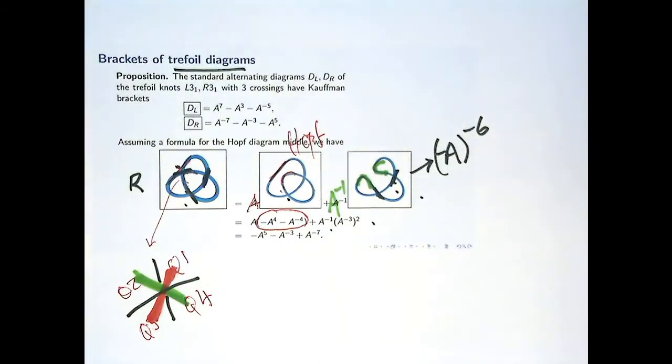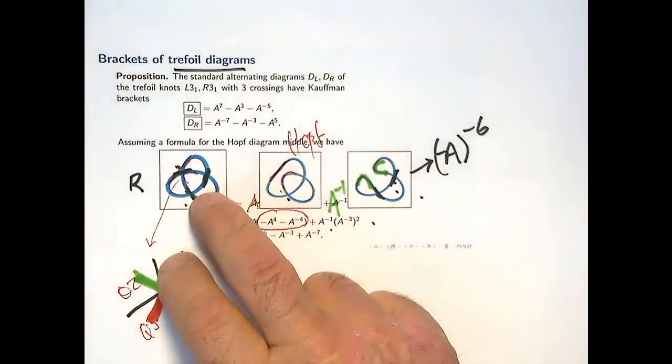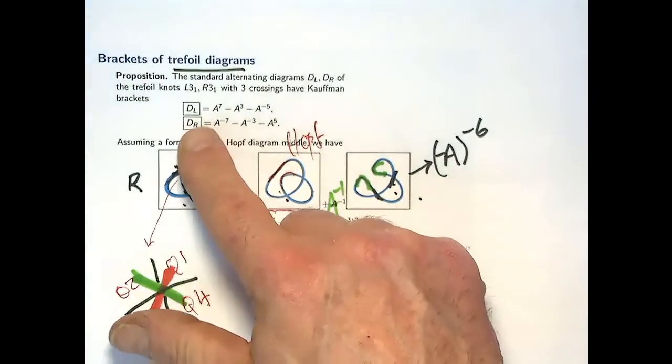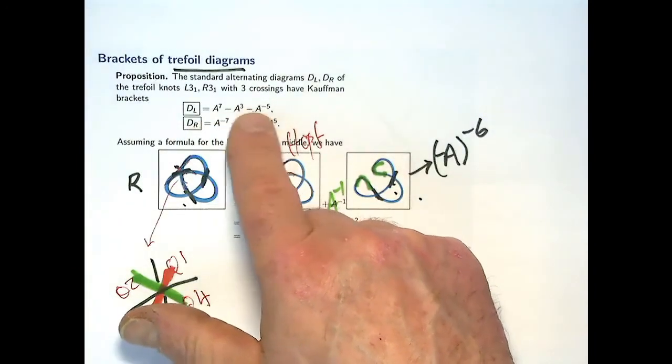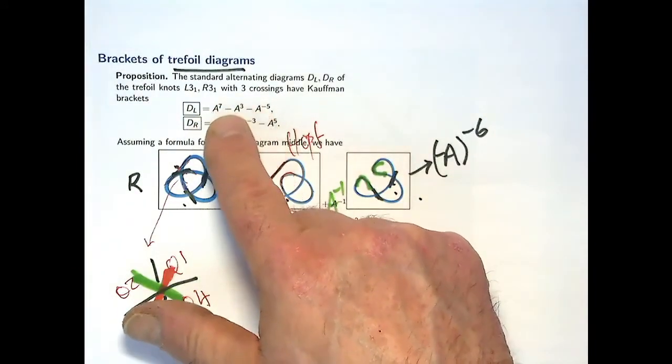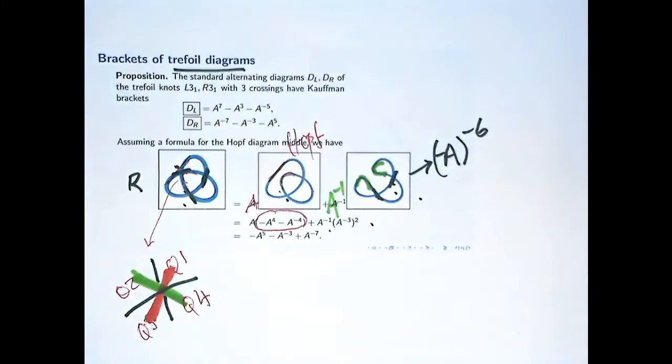I'm not quite talking about the mirror image of knots, because we're still talking about diagrams. But if I reverse all the crossings on the diagram, which would represent the mirror image knot, then for the Kauffman bracket you just replace A by A inverse. So that's on top, that's the Kauffman bracket of the left trefoil knot. Okay? So that's a crash course on the Kauffman bracket.